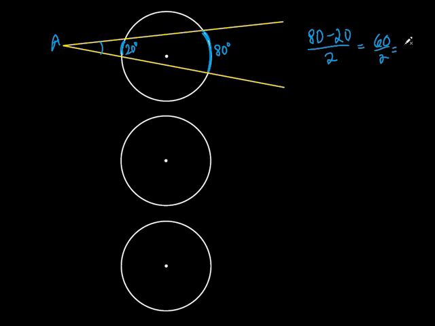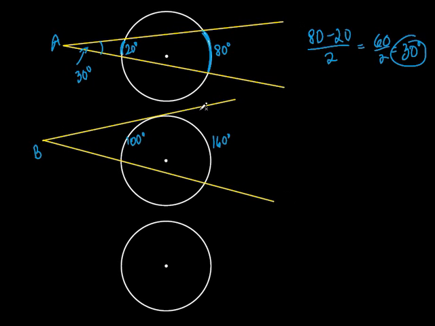So this would be 60 divided by 2, which is 30 degrees. And that's what this angle A would be. It would be 30 degrees. This time I've got a secant and a tangent, but it still cuts off a couple of arcs. This cuts off this arc, which is 100 degrees, and it also cuts off this arc right here, which is 160 degrees. The math is exactly the same. That's why I put all three of them on the same page here.